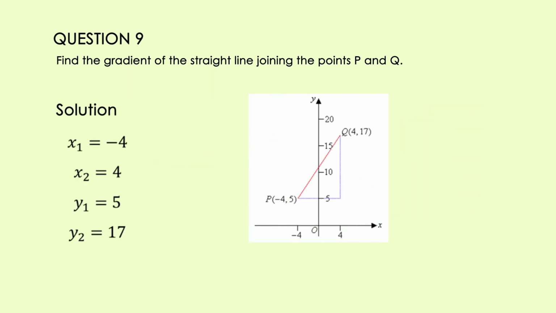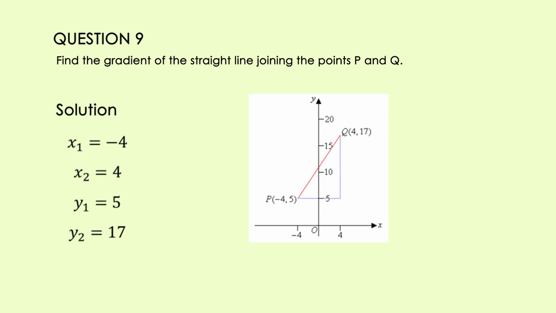Next question. Question 9. Find the gradient of the straight line joining the points P and Q. From the graph, we can see that there are 2 points, negative 4, 5, and 4, 17. So, first, you need to determine the value of x and y.